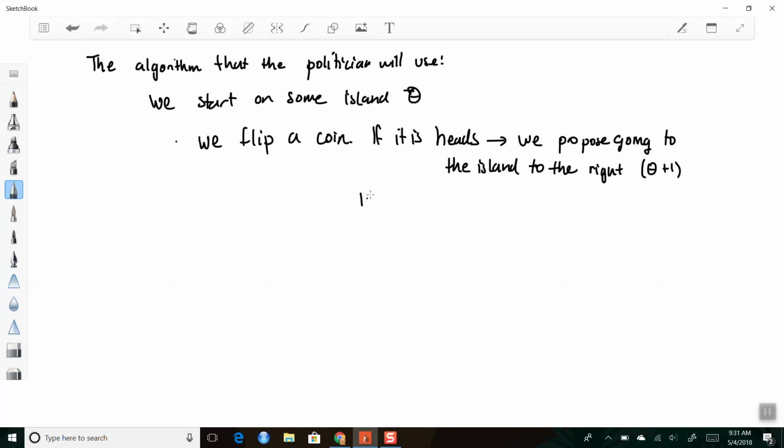And if it's tails, we propose going to the left. In that case, that would be theta minus 1, right?